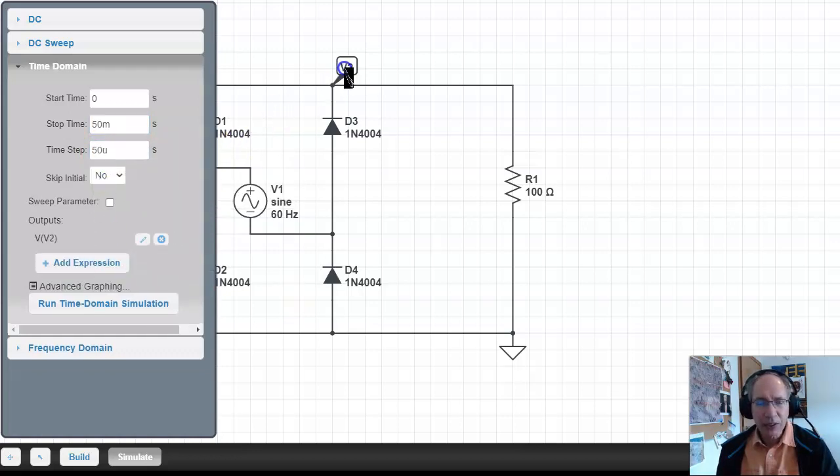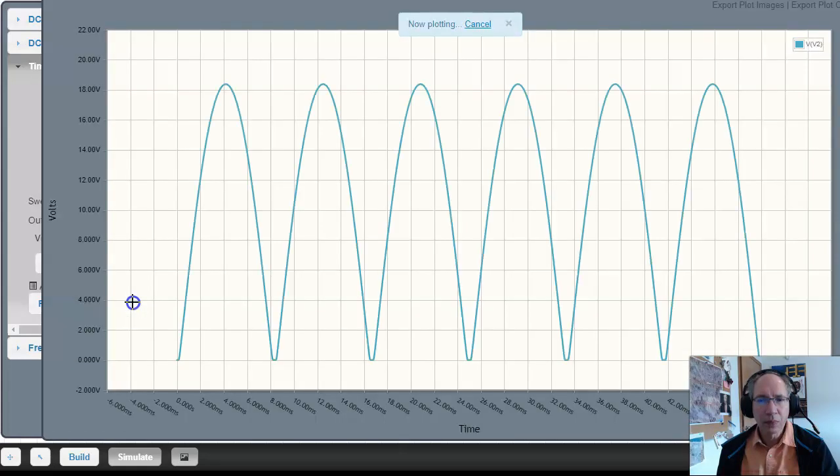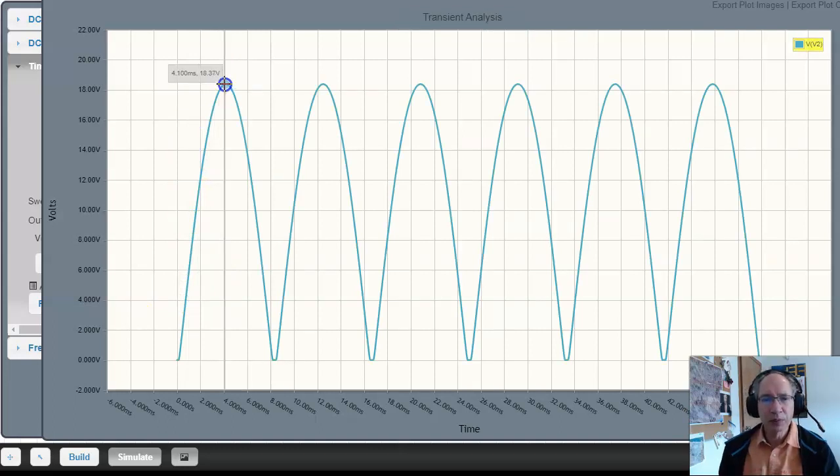And let's look at V2. What we see is that this is your 20 volt peak sine wave minus 1.4 volts-ish. That's when 1 and 3 are turned on, then 2 and 4, 1 and 3, 2 and 4. And you kind of see that.